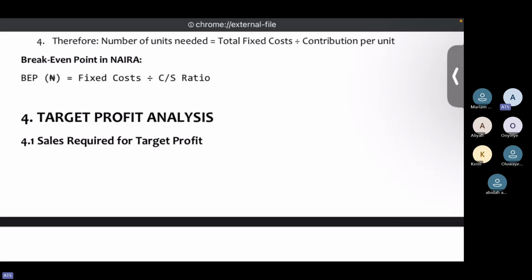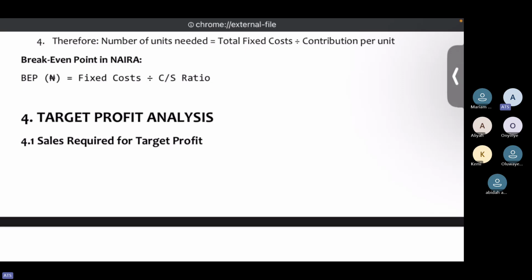As I mentioned earlier, businesses use CVP analysis for budgets because at the beginning of a period, they might say, this period we're going to make 7,000 naira in profit, or 7 million naira, depending on how big the company is. That amount that they want to have after deducting cost from sales is your target profit.